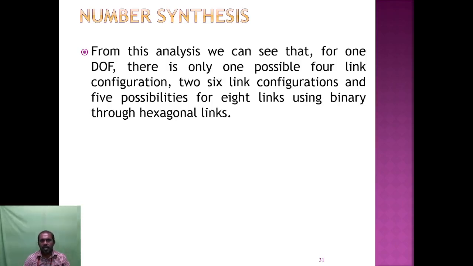So from this analysis we can see that for 1 degree of freedom there is only one possible 4 link configuration, 2 possible 6 link configurations and 5 possibilities for 8 link using binary to hexagonal links.